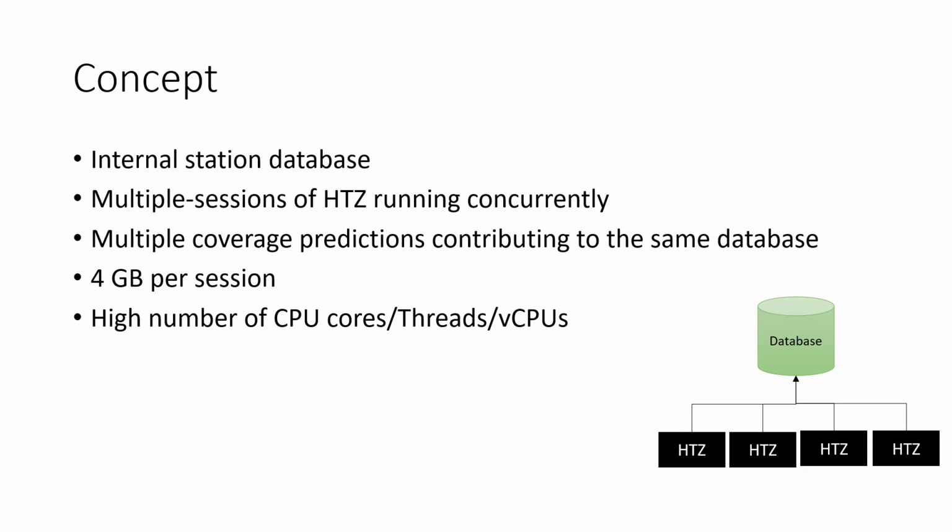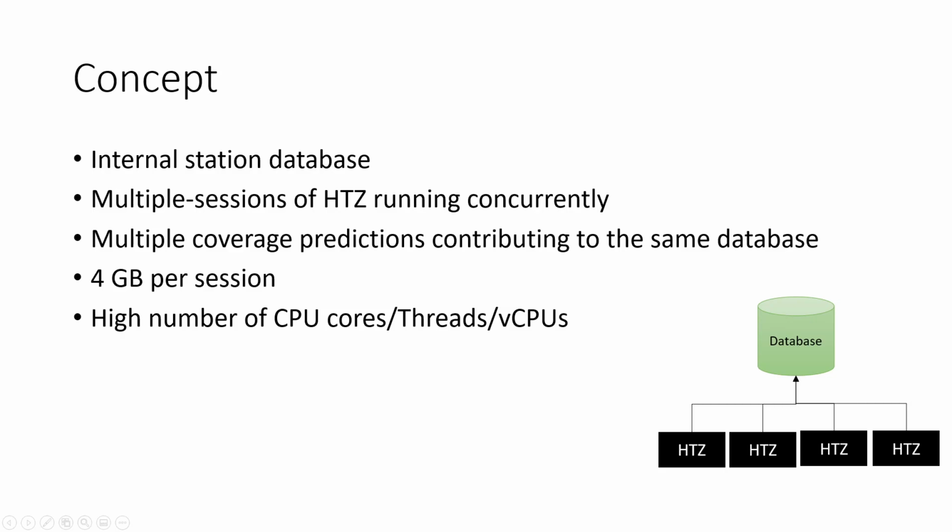The concept is we need to use a database. When we talk about parallel computations and multiple sessions of the software, imagine that you've got multiple people working concurrently, you need some sort of orchestrating database. We call it the internal station database.